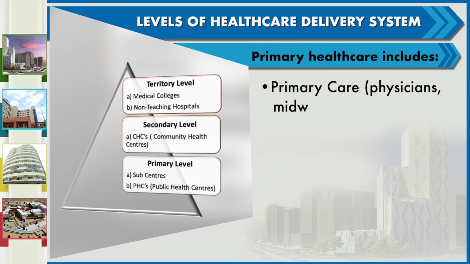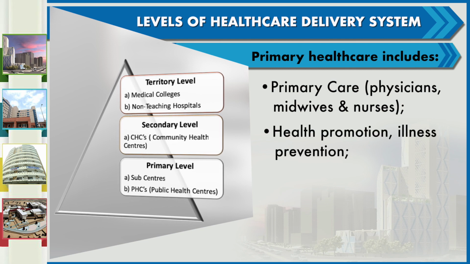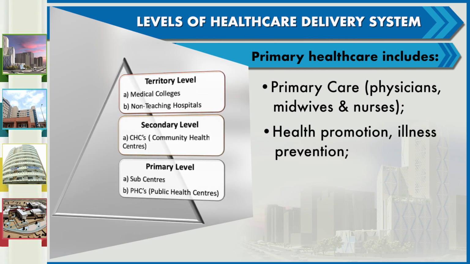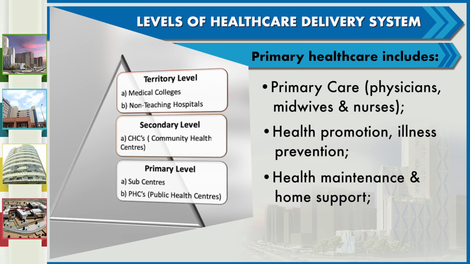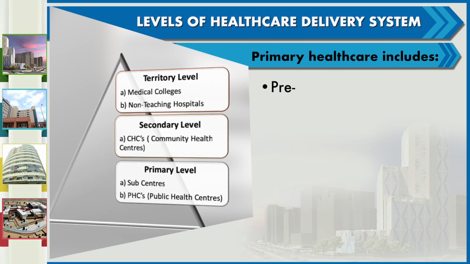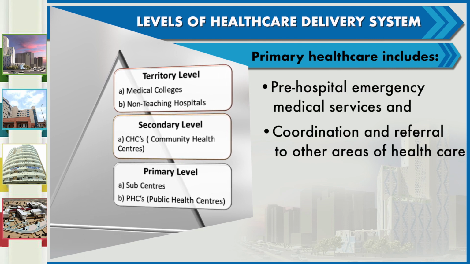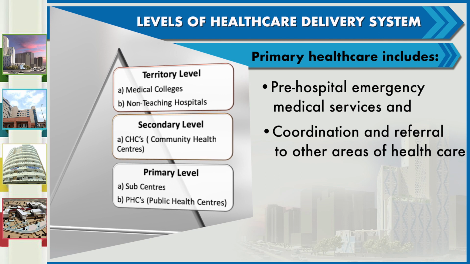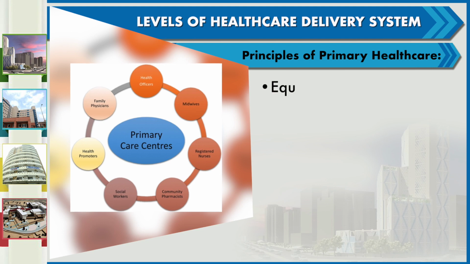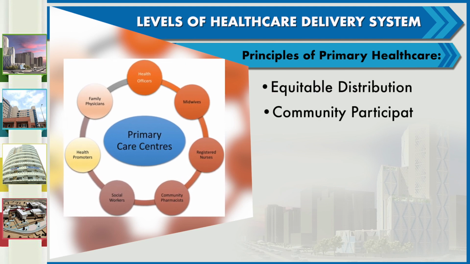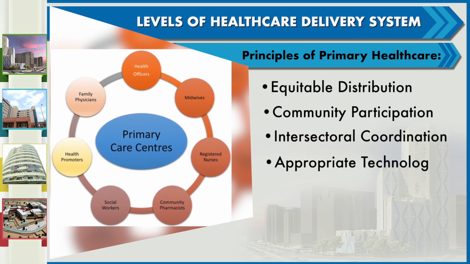There we may have physicians, midwives, nurses, and health promotion, illness prevention, health maintenance programs, home support and continuity of care etc. So, primary health care is a very important component of this 3-tier system. The principles of primary health care are equitable distribution, community participation, intersectoral coordination, and appropriate technology.